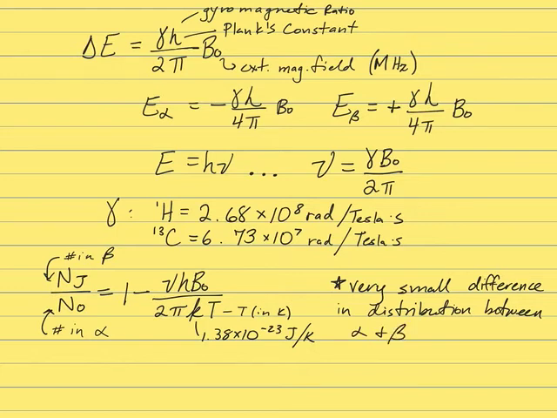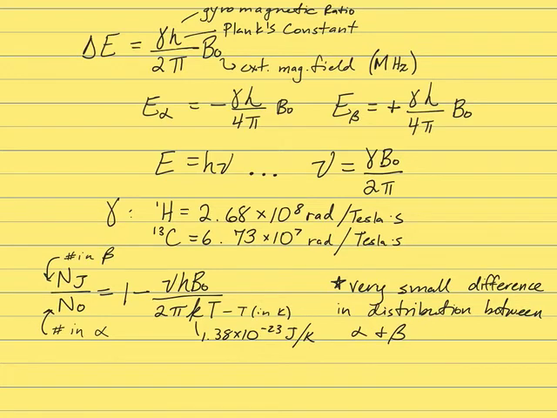In fact, you might need like 1,000 spins, and there might be like 501 spins in the alpha phase and 499 in the beta phase. So it's not a really big difference in distribution.